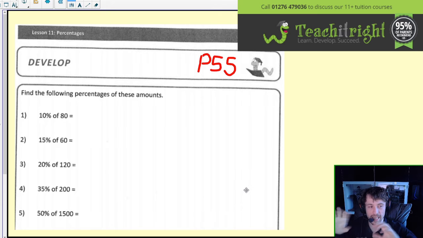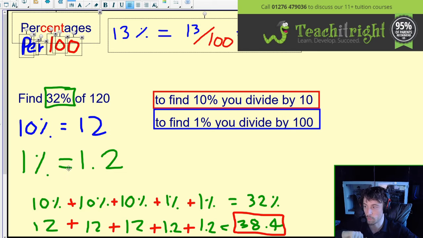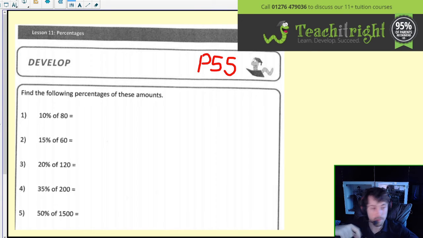I'll split each of them into the component pieces, like I did here in terms of 10 and 1. I'll talk about some of them and then maybe even go through a couple of examples before giving you the answers. So if you're happy and you want to make a start, you can finish the whole page. There are 10 questions if you've got the book. But if you do need a bit more help, then we'll go through them together. So off you go, make a start. If not, I'm about to give you some clues.